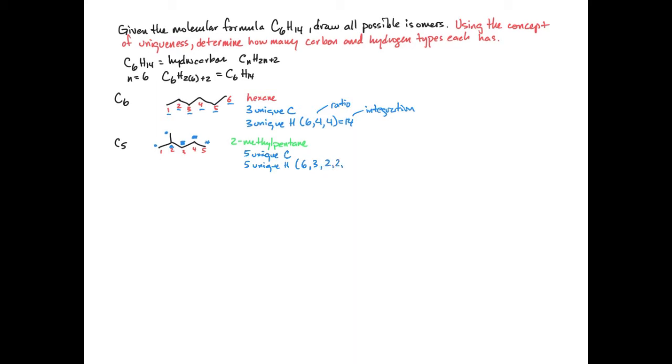Then we have the 2 types of methylene groups, and then the methine group is 1. And again, this is going to equal 14. That's what you're looking for at all times, that the sum is equal to what you observe in the molecular formula. Now keep in mind, for the unique type of carbon, it can be less due to symmetry.